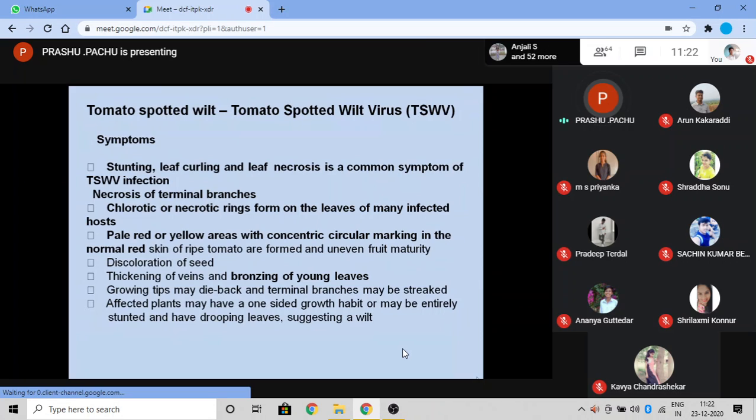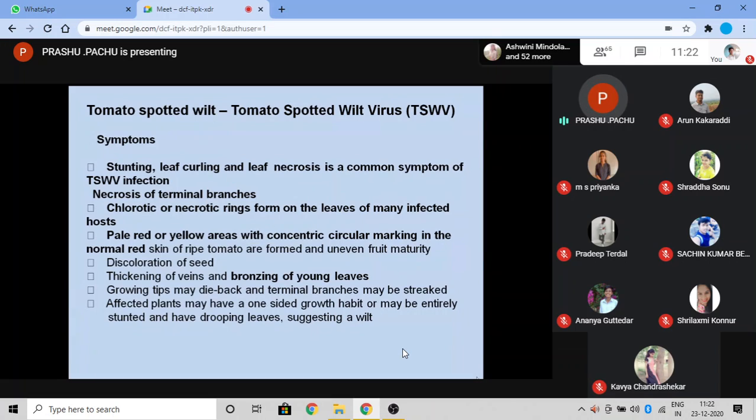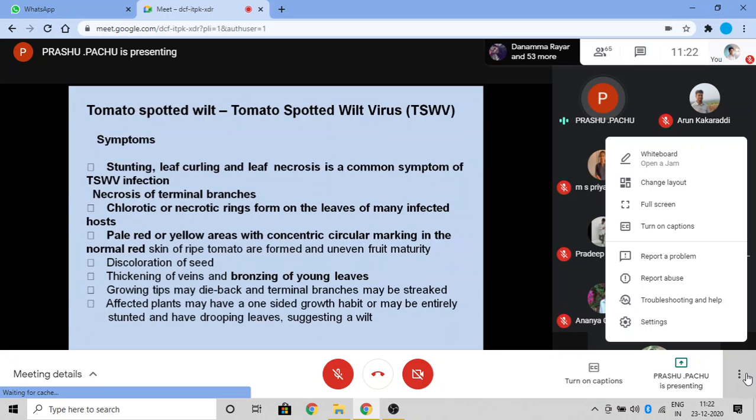Now, please try to see the difference between the physiological disease, bacterial disease, and all these, which is common. The only thing is you have to observe the symptoms. Mainly, if the plants or terminal branches have curling, definitely we can say such plants are affected with this tomato spotted wilt disease.